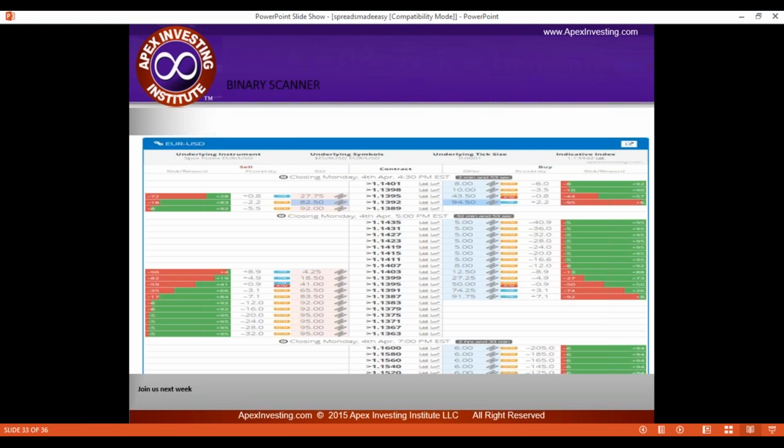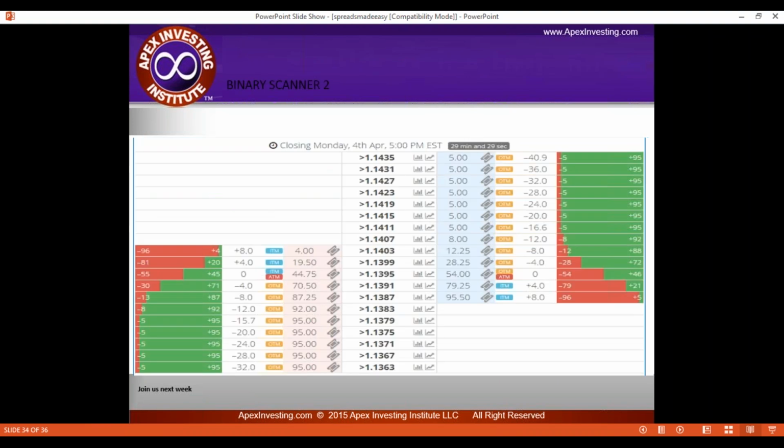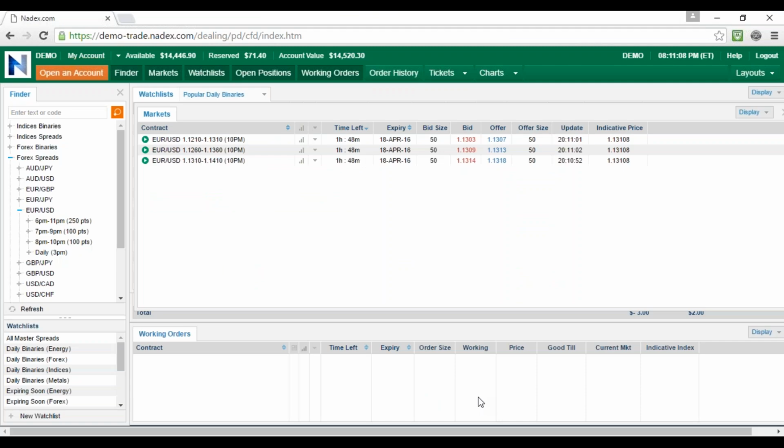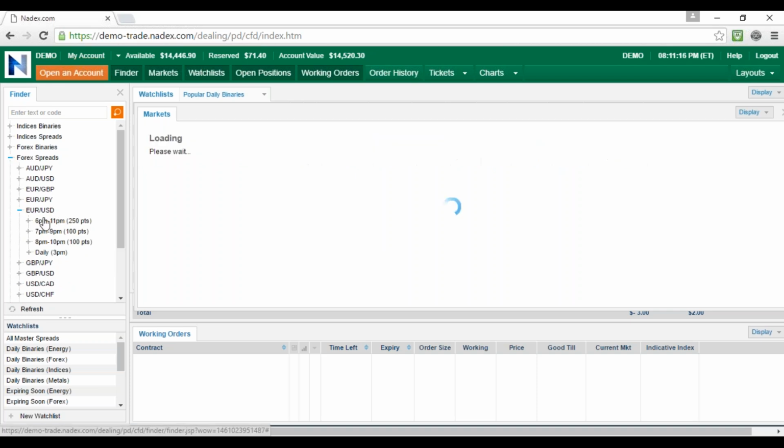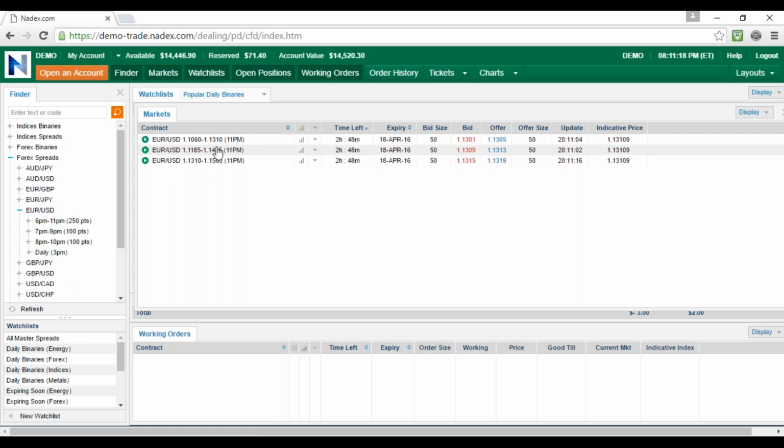We also have what we call a binary scanner and a spread scanner. Let's say you are trading spreads and you think the market's going up on the euro dollar. I've got these spreads from 6 to 11 with different floors and ceilings, and I can buy them for these different prices. What about the 7 to 9s?